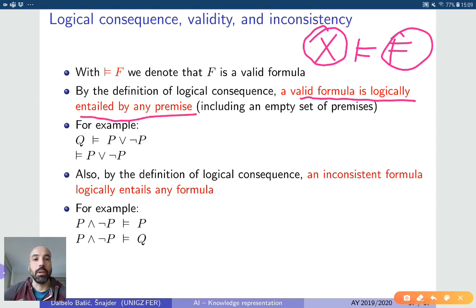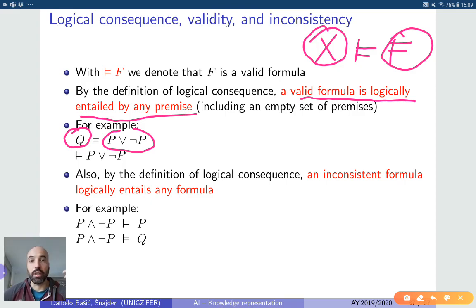To give you an example, this thing here, P or not P, we already said that's a valid formula, it's always true. You can have whatever you want on the left-hand side here. It will always be entailed from whatever. Now, this is interesting, but it's not very useful in practice. Basically, it tells us, if the formula is true, it could have come from whatever.